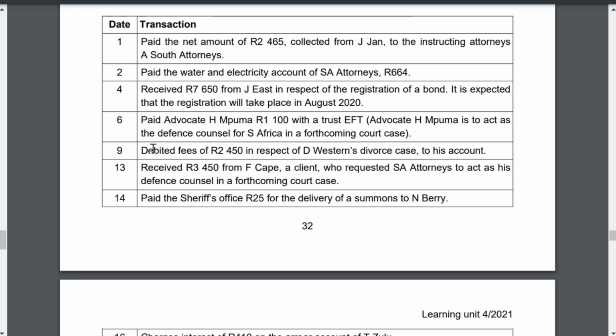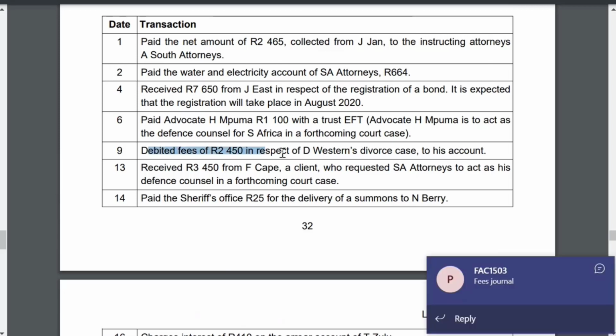In simple terms, when they said SA attorneys debited fees of 2,450 in respect of the Western divorce case to his account, basically this is saying SA attorneys invoiced the Western 2,450. So if this is a fee that is charged to D Western, where do you record that?